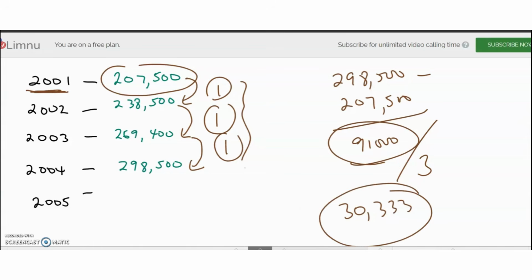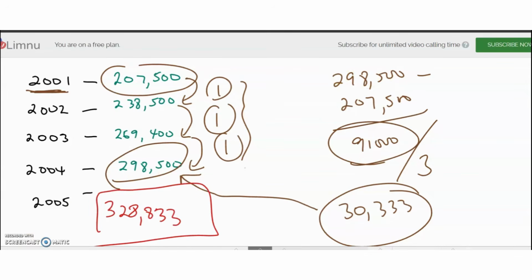If I were to add 30,333 to this end value for the year 2004, let us see what we get. You'll get an estimated 328,833 tons in the year 2005.